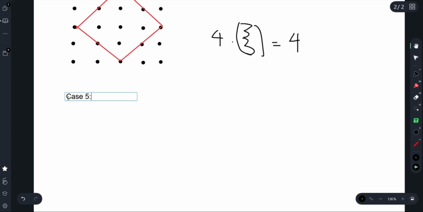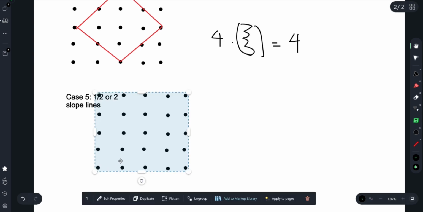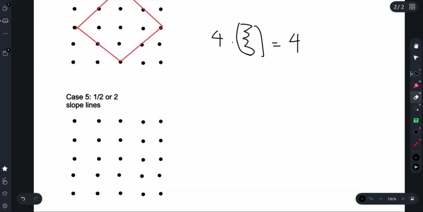Case 5, which is the tricky one that a lot of people forget, which is 1/2 or 2 slope lines. And what I mean by this are lines with slope 1/2 or lines with slope 2. So what I mean by this is something like this.